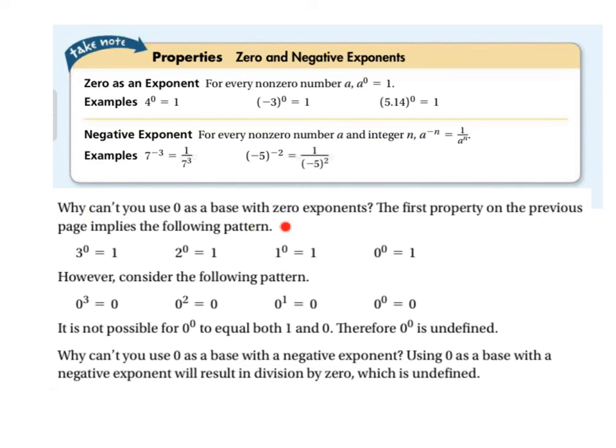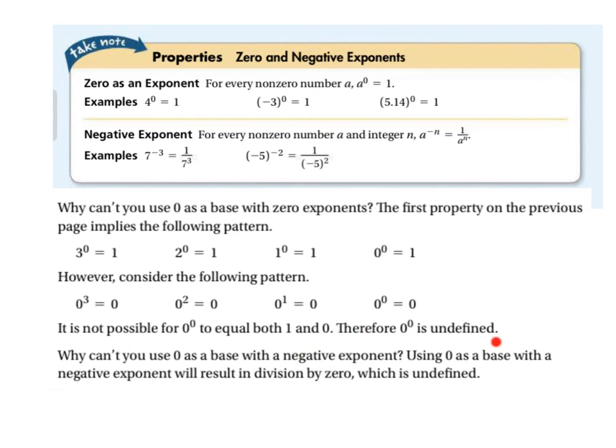Now again, we can't use 0 as a base. The first property on the previous page implies 0 to the 0 would be 1, right? However, the problem is that we can't have both, so it's not possible for 0 to the 0 power to equal 1 and 0 at the same time, because 0 to any power is technically also 0.